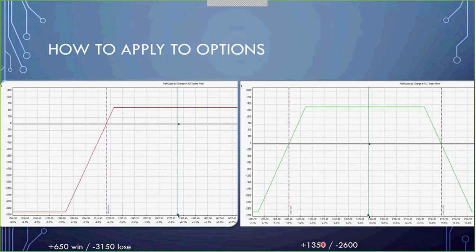We have a 1350 and a 2600, which is closer. It's not as bad as this trade over here, but still definitely not to our liking if you're trying to trade options all the way till expiration. We will get into something a little bit further than holding options to expiration.